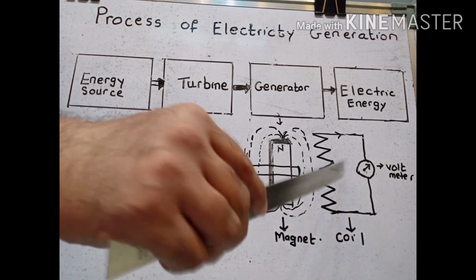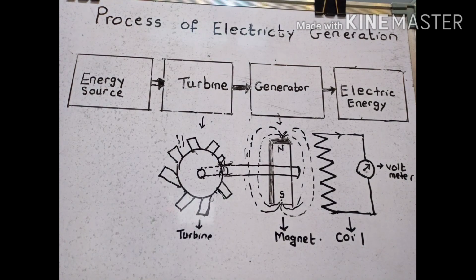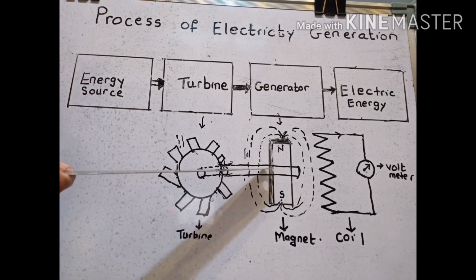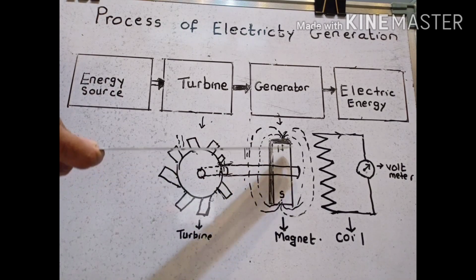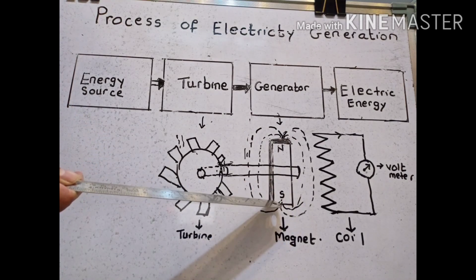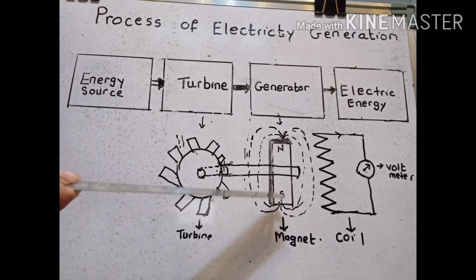The magnet and the coil, they are the parts of the generator. Can you see over here? Now students, you have the turbine connected to a shaft on which inside the generator a very powerful magnet is mounted.